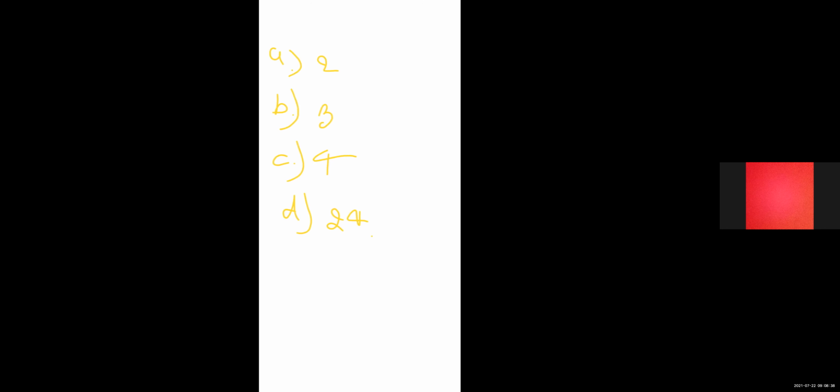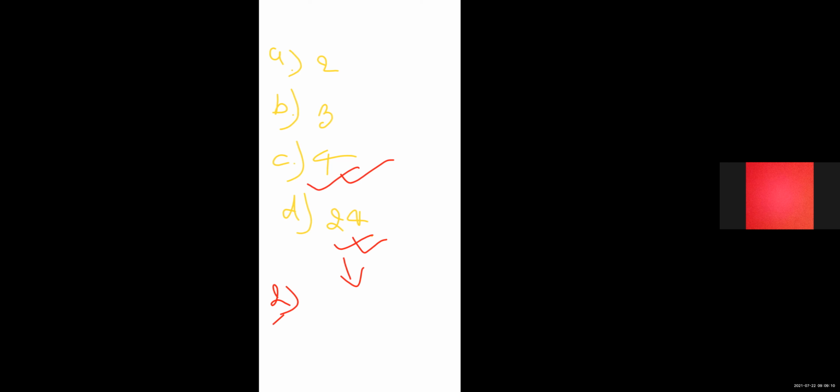How many satellites are required to locate the exact position? The correct answer is 4. 24 is the number of satellites in orbit, and 4 is the minimum number of satellites for knowing the exact location with the GPS.